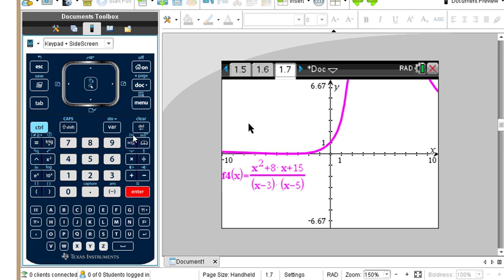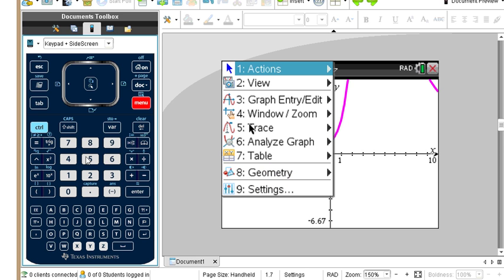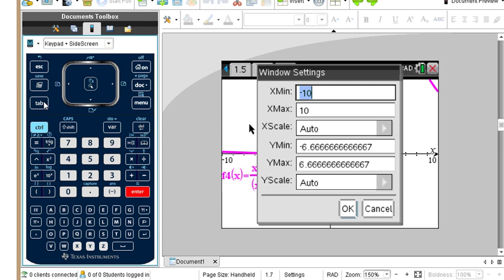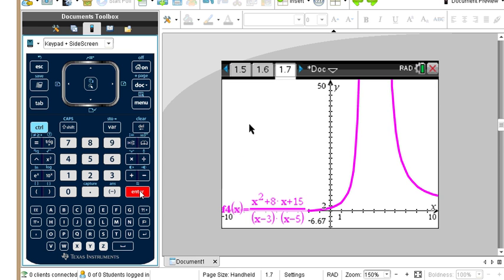And to really take a better look at it, we're going to go to our menu, and we're going to change our window setting. I'm not sure exactly what's going to do the job for us, but I'm going to change this Y maximum. Instead of 6.6, I'm going to make it 50. So you see, I hope, better what's going on. And we see I still am missing something here.